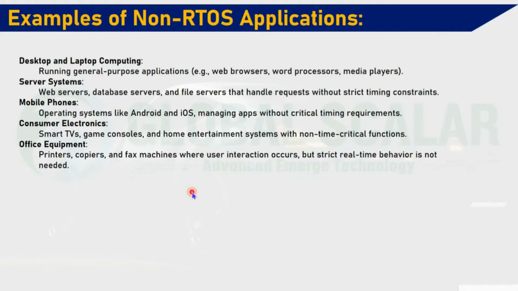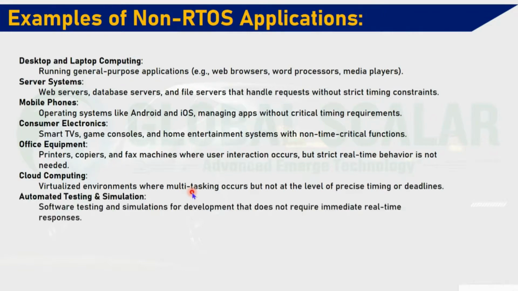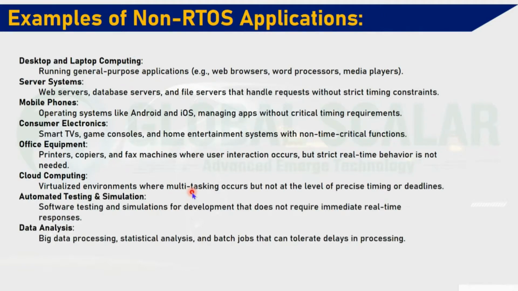So some real-time behavior is not much needed, where a response can be delayed or can be responded to later. And cloud computing, automated testing and simulation, and data analyzers. So those are some of the non-RTOS applications where we are able to operate our embedded software.